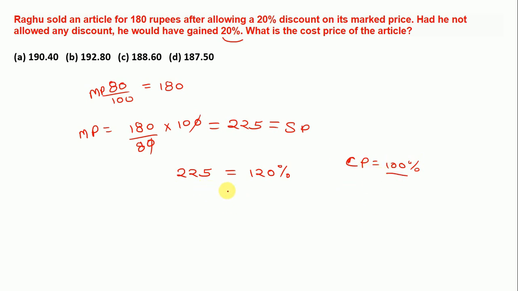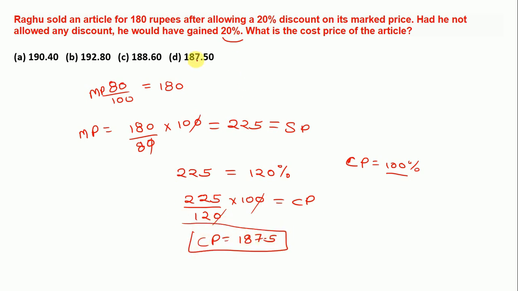So 120% is equal to this, and 100% will be equal to this. And this will be the value of CP. So simply you have to solve this, and 0 will be cancelled by this. And after solving this, CP will be equal to 187.5. So option D will be correct.